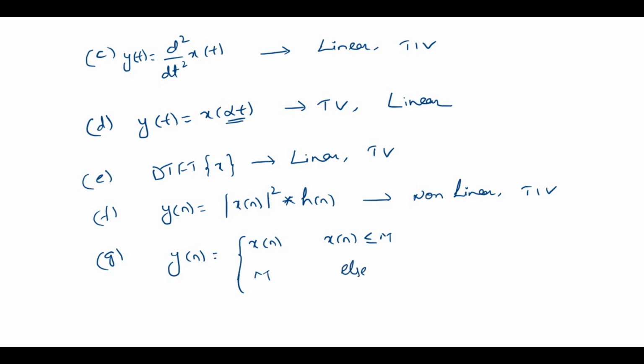Now see here, the output is equal to the input x of n when the magnitude of the input sample is less than or equal to m. In case that exceeds the value, then its value is m. That directly shows it is non-linear. It is non-linear, but the relation is not depending on time, so it is time invariant.